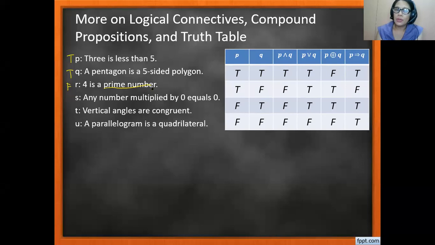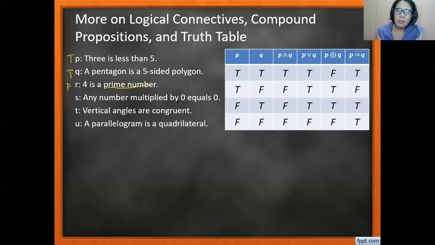In fact, 2 is a factor of 4. So we cannot consider 4 as a prime number. Instead, 4 is a composite number. And 1 is neither a prime number nor a composite number, because 1 is a special number.